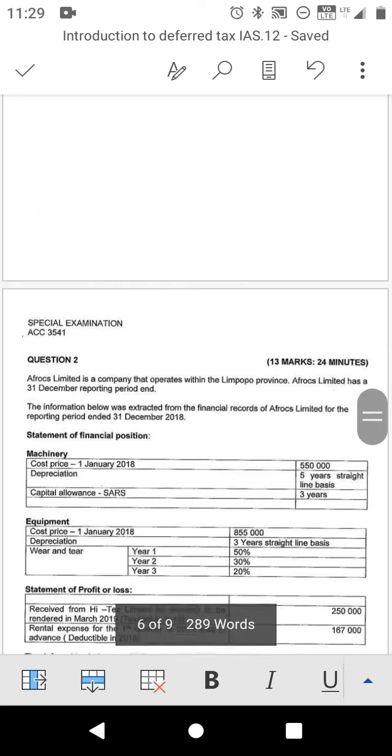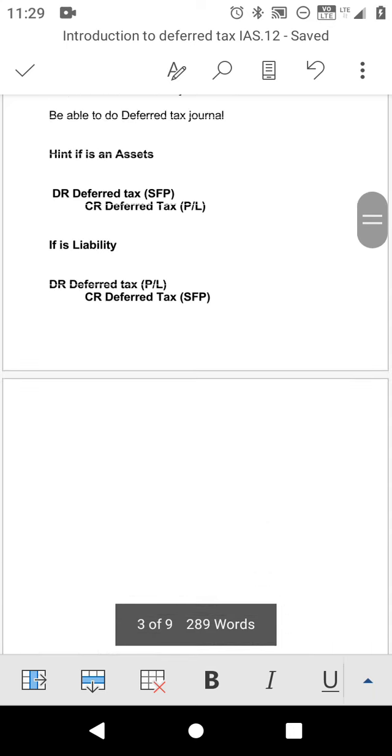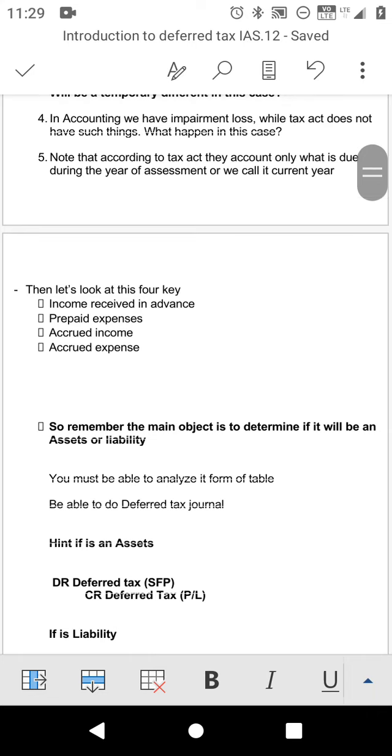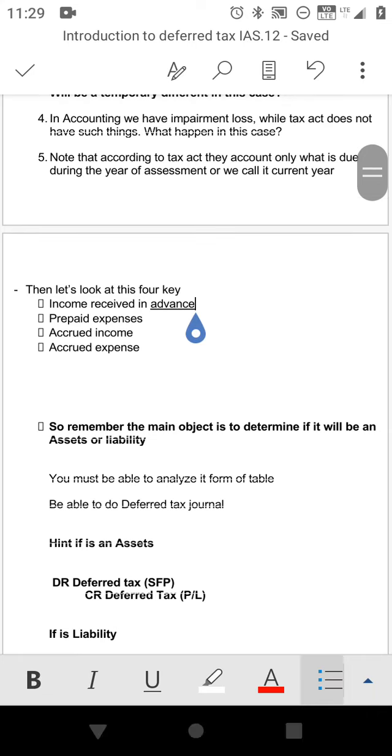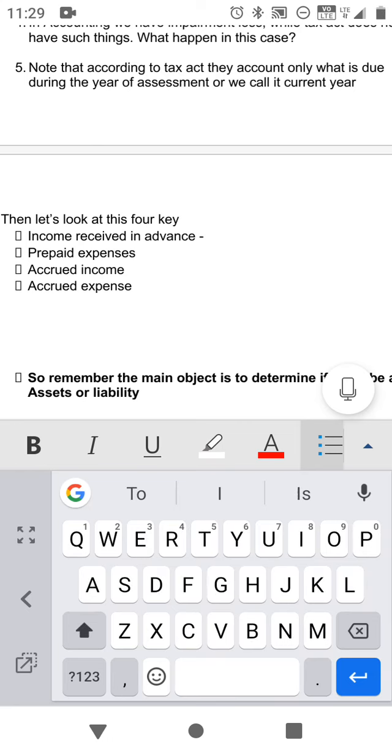Okay, let's go back to those four categories that I introduced to you. Remember, you don't know which one is coming, and you must know all four of them. Two will come. If you still remember, if we receive income in advance, we haven't performed anything, which means we still owe the person who paid us.